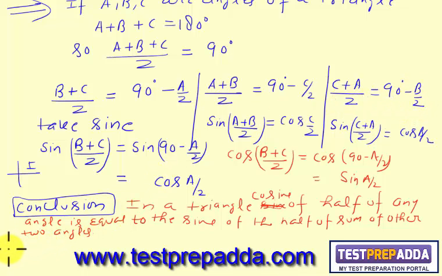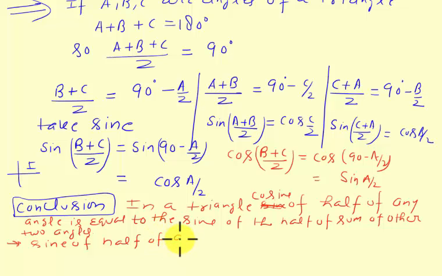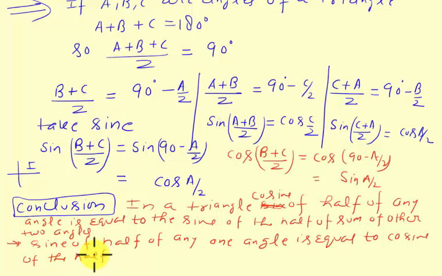Okay, so what conclusion we can draw from here? The conclusion is, in a triangle, sine of half of any one angle is equal to cosine of half of the sum of the remaining two angles.